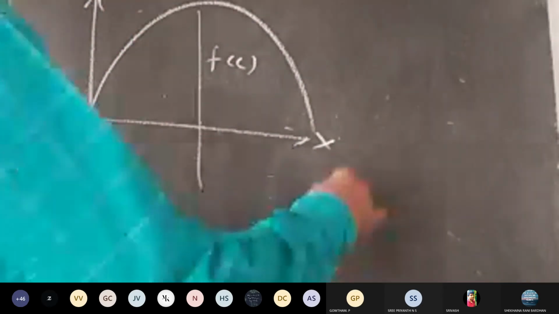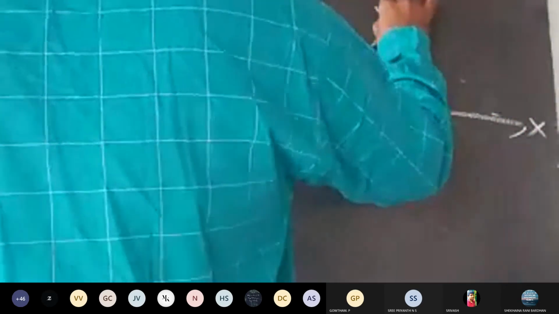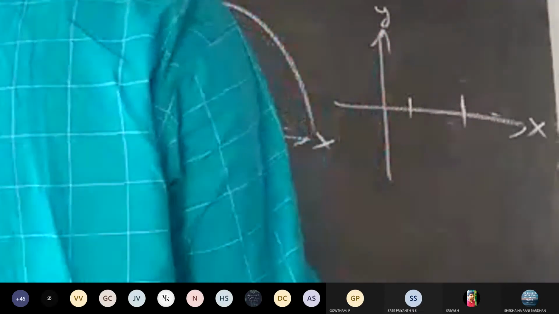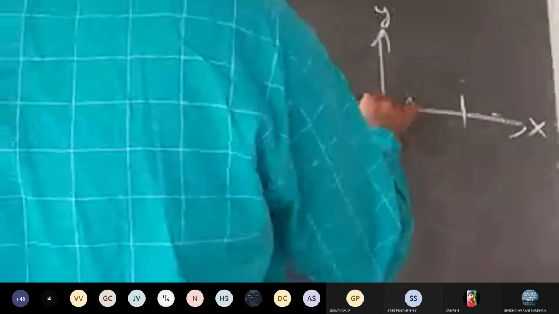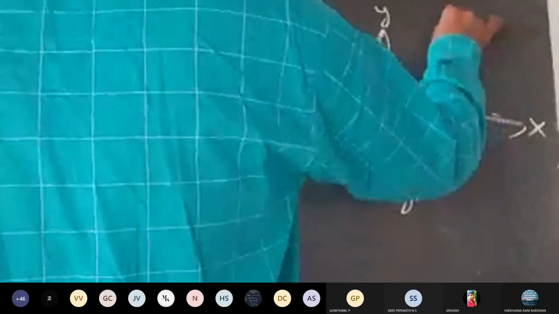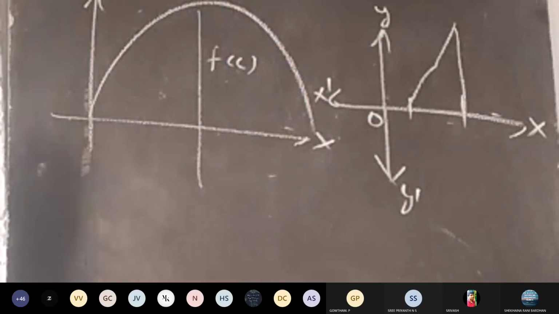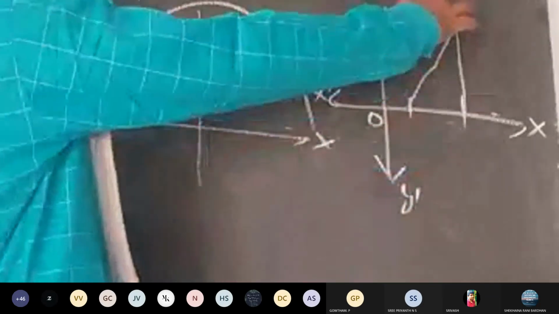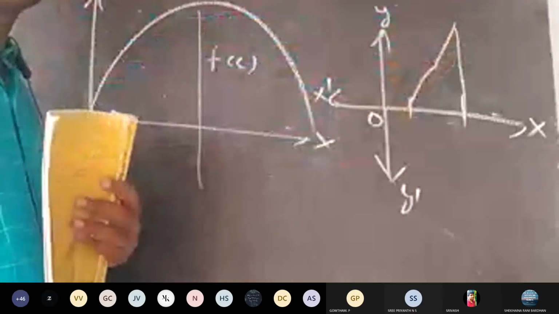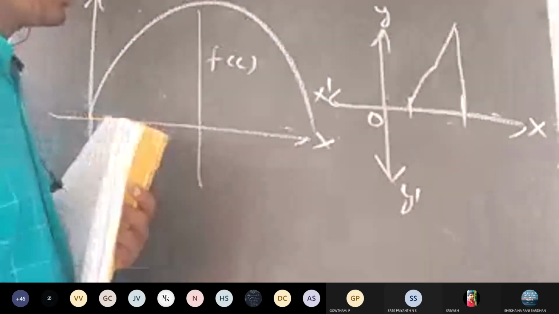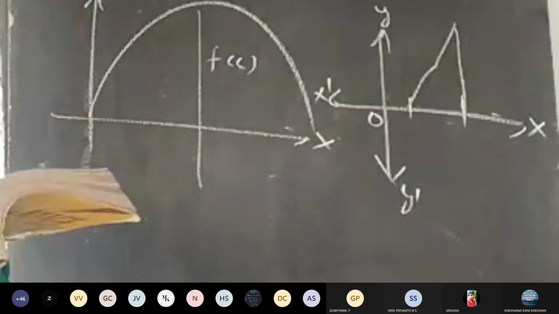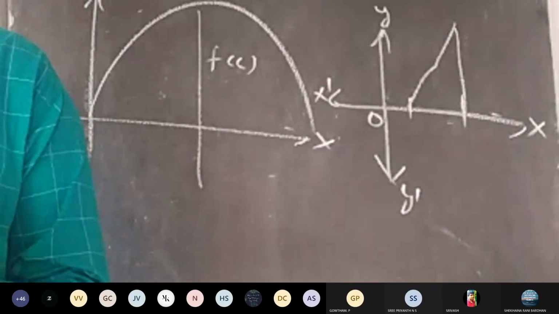So now here in this condition f of x, this is x star, this is y dash. So in this case, at this point, increasing and decreasing, that is called maximum and minimum values.